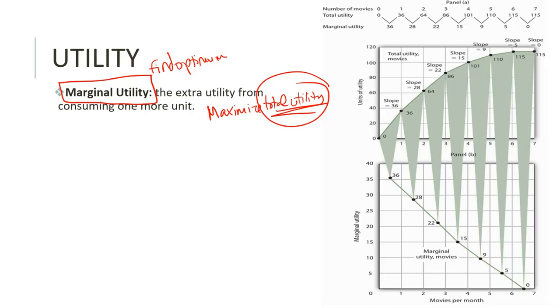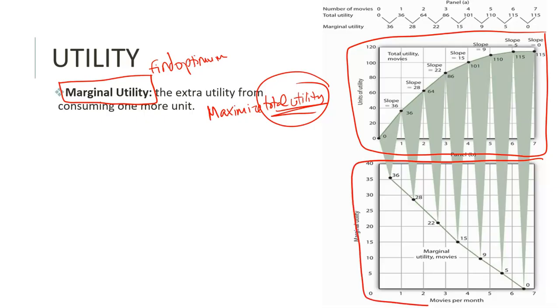Now, this graph that you see here on this slide, this is from your textbook in chapter 7, and we've got two things going on. So the top graph up here is showing you total utility from watching movies, and the bottom graph down here is showing you marginal utility per movie.